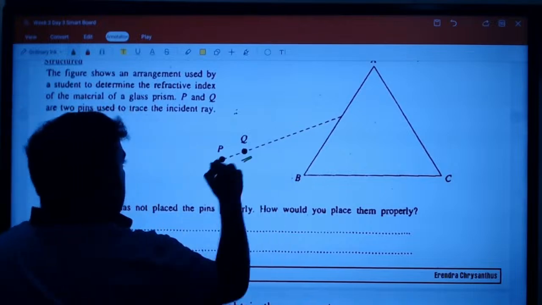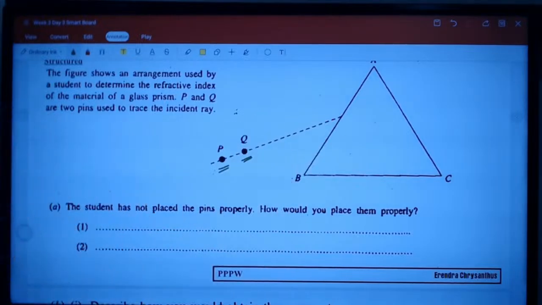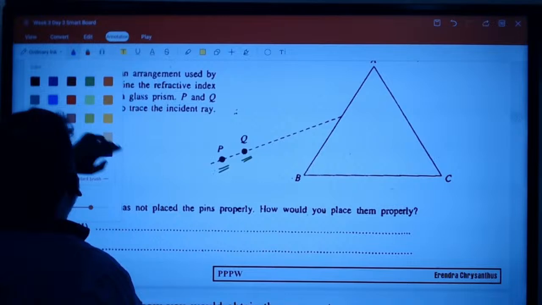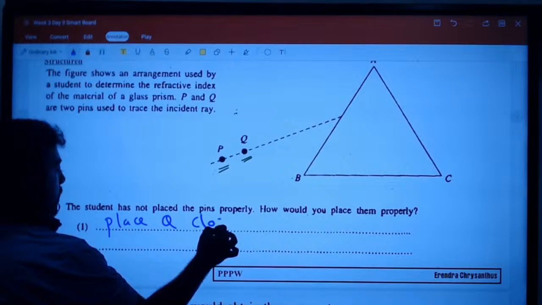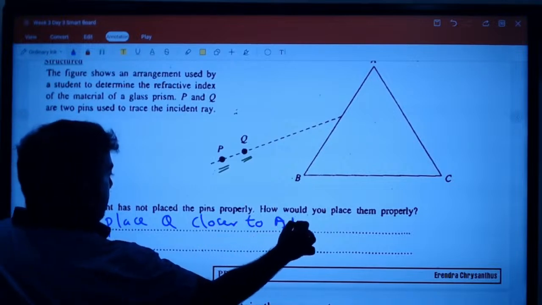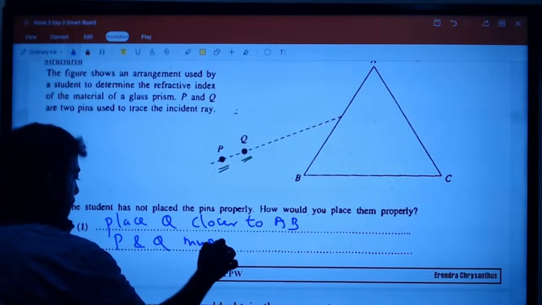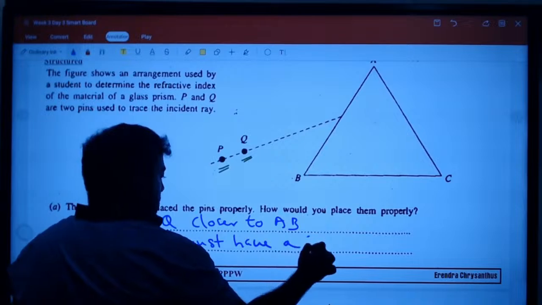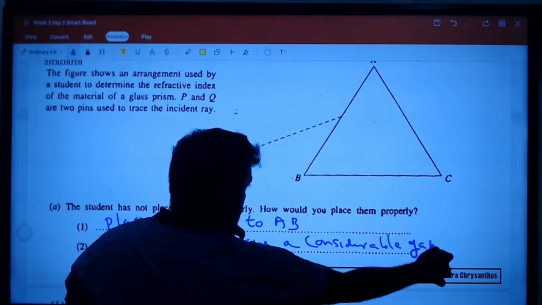Next, Q should be closer to the surface. Right. First one you can say: place Q closer to AB. P and Q must have a considerable gap.